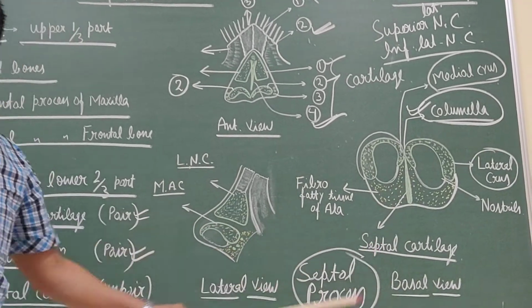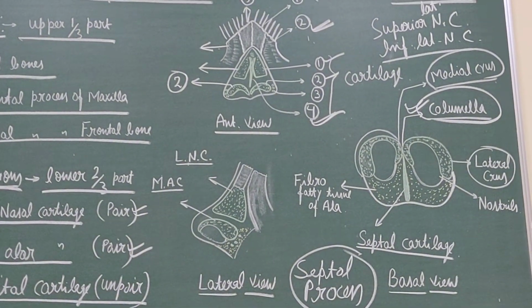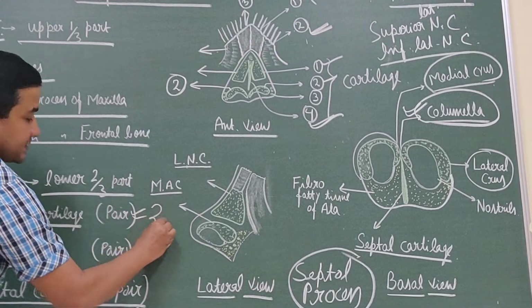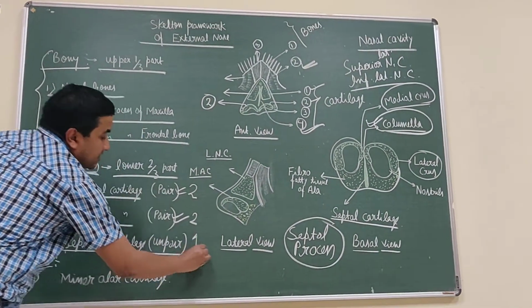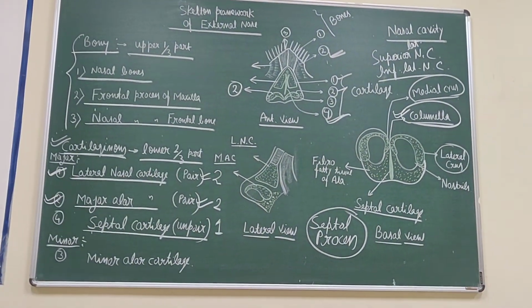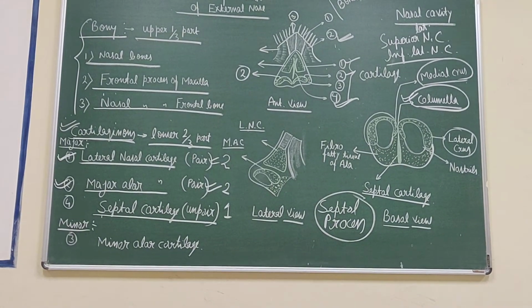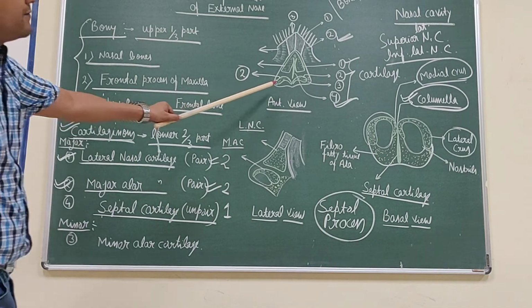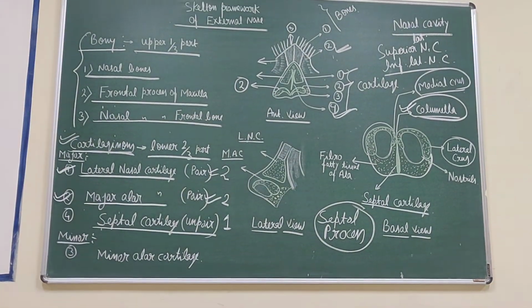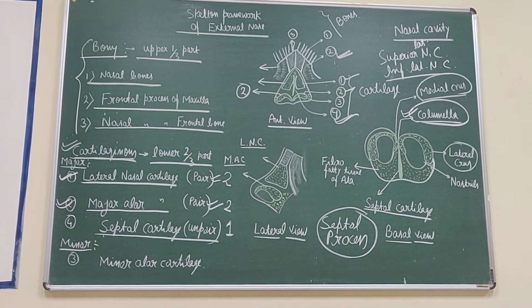So this 2 in number, and this is the 1. So there are 5 major cartilages that participate in the formation of the external nose or support the external nose.